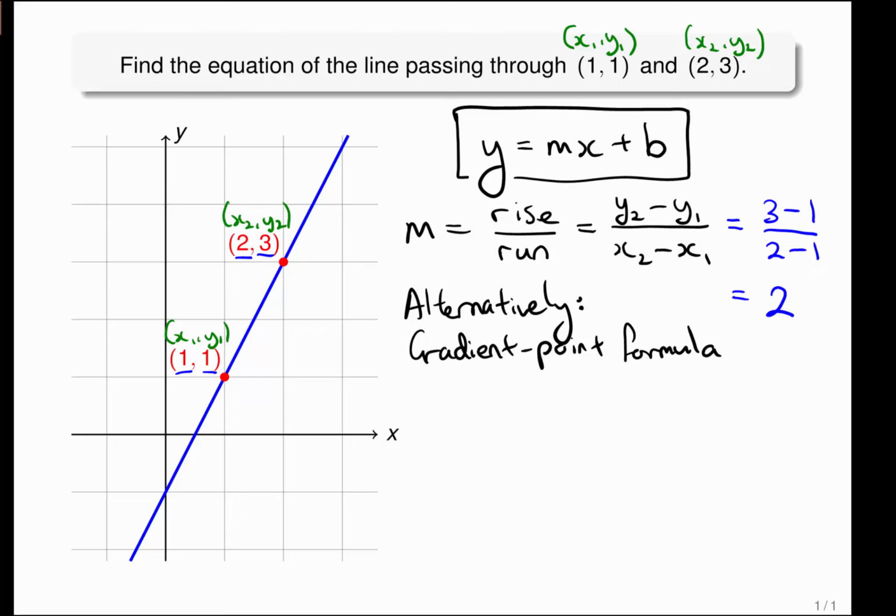The formula states that the equation of the line is the following: y minus the y value of the point on the line is equal to the gradient of the line, which you found earlier, times x minus the x value of the point on the line.